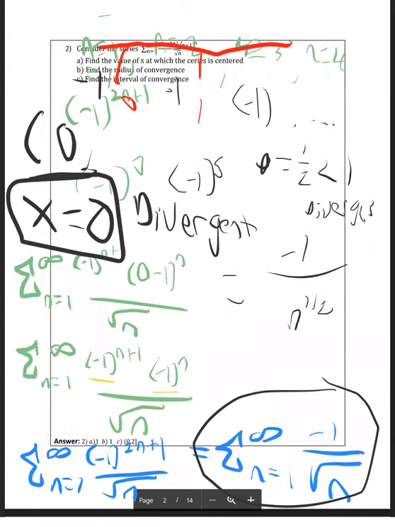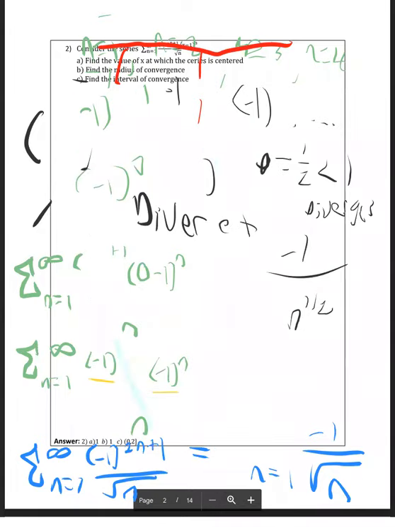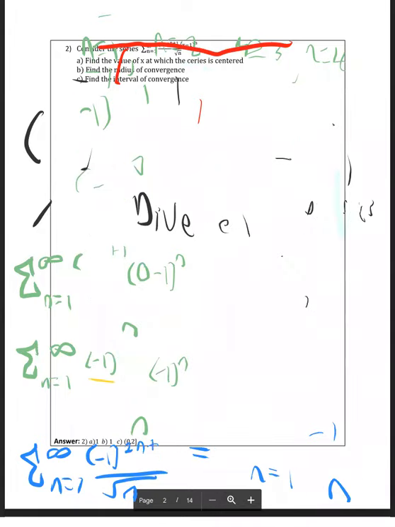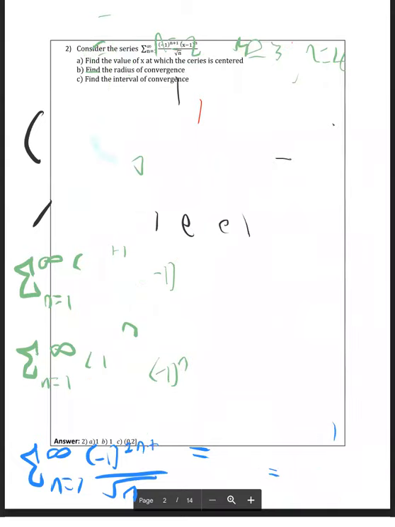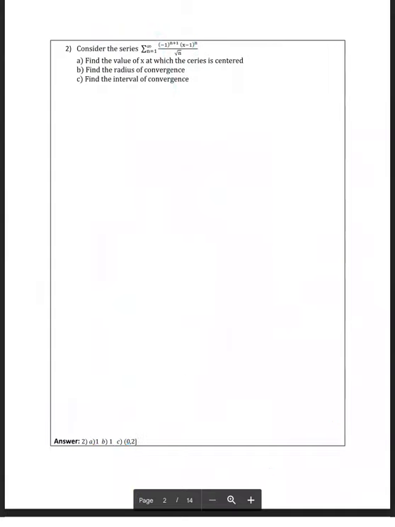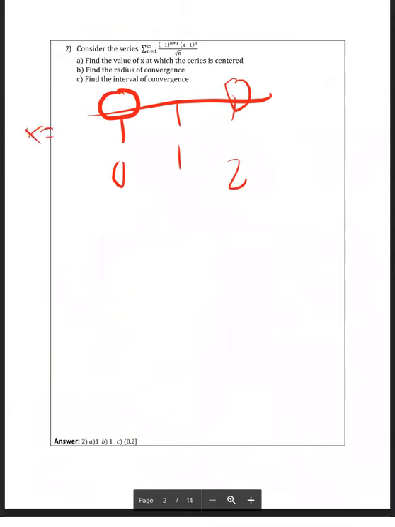Okay, so now we're going to do all of this work and test the other side of the interval that we figured out, which is x equal to 2. Let me clear that. At this point the center is 1, 0 is an open circle, and this is 2. We just need to figure out the status of this other circle. So when x is equal to 2, let's plug it in.